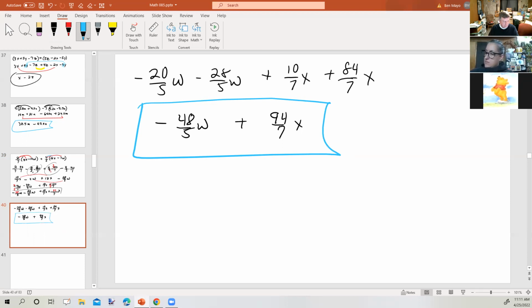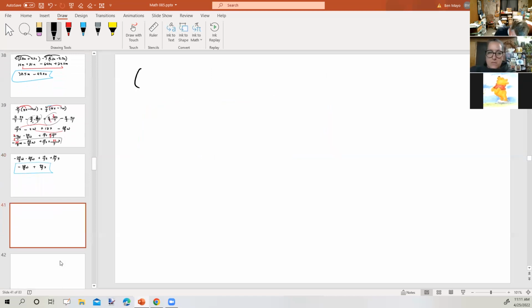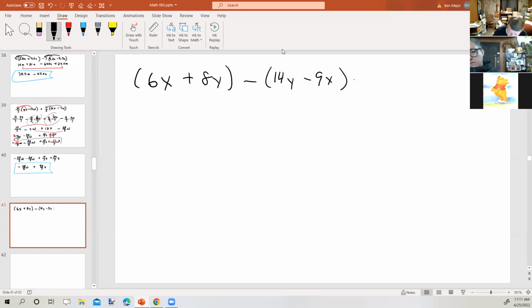How about this one? 6x plus 8y minus 14y minus 9x plus 3x minus 2y.